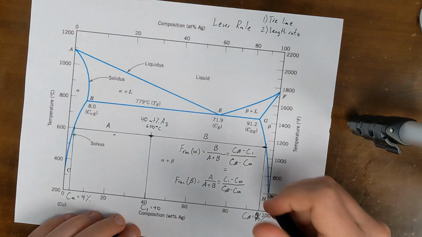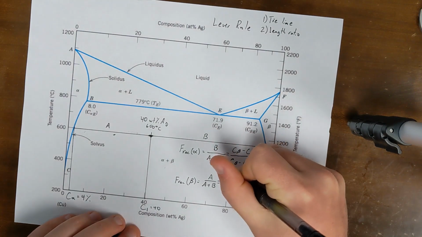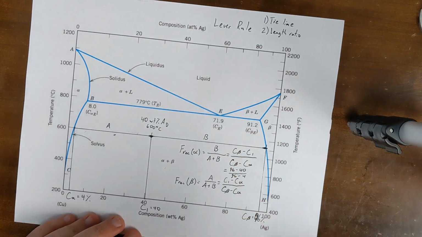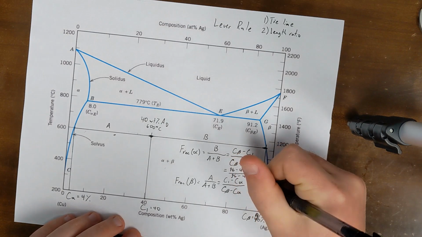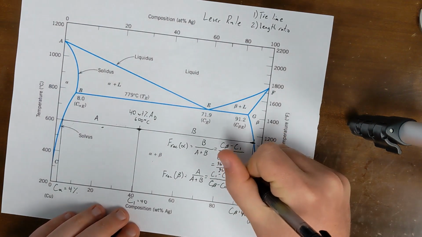For a fraction of alpha, we're going to get 96 minus 40 divided by 96 minus 4. And this would give us 56 over 92.